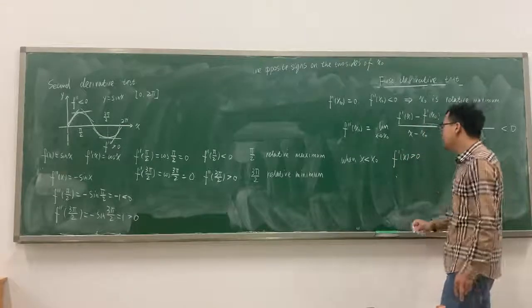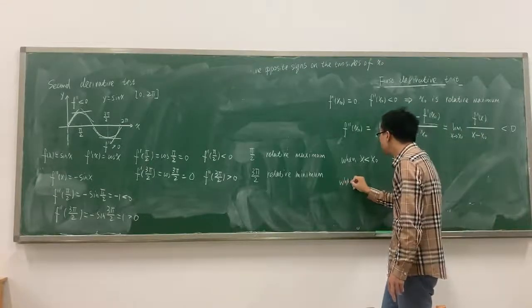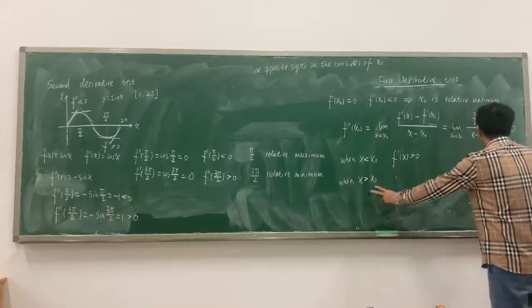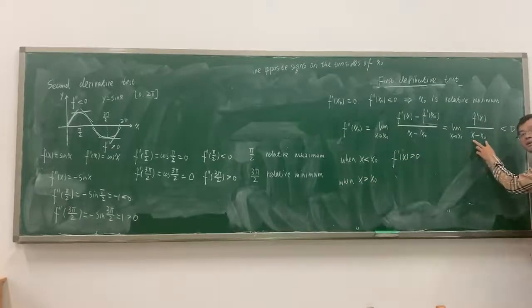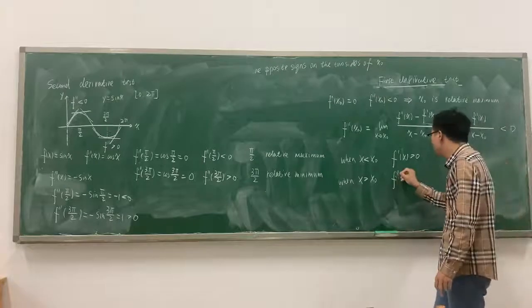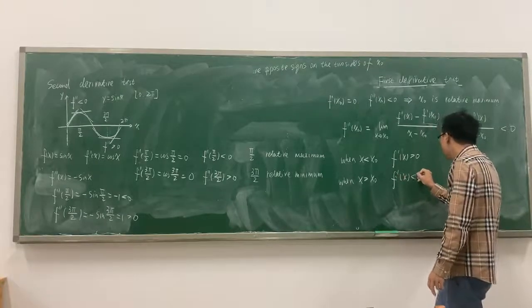And when x is greater than x0, the denominator is positive, and the quotient needs to be less than 0, so f prime x should be negative.